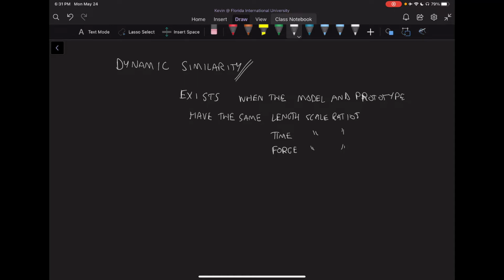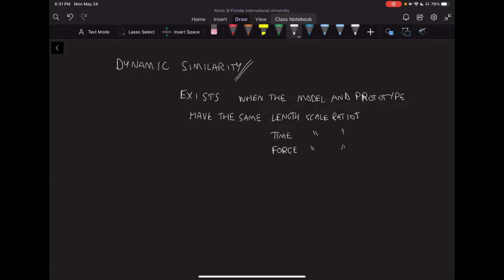So now we can come up with rules to say what is happening and what is going to be similar in a flow if we have incompressible flow and if we have compressible flow, given that two flows would be dynamically similar.